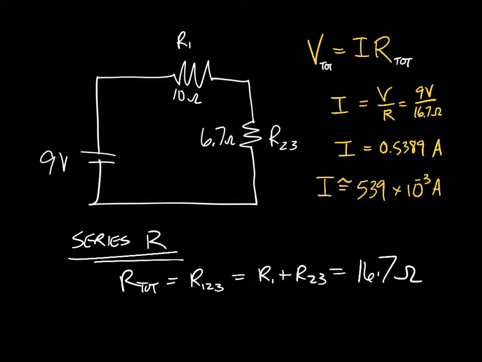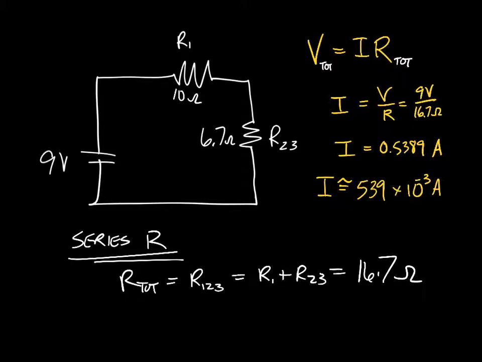Okay, because if I move that over, multiply that 0.5389 by 1,000, I would get 539, but then I have to offset that with the multiplier.